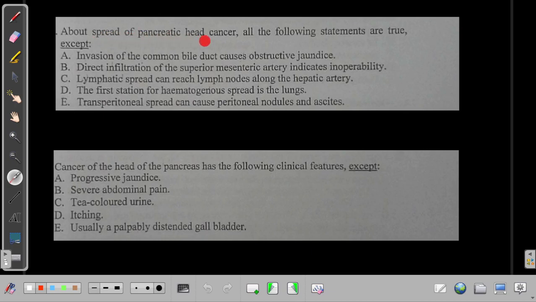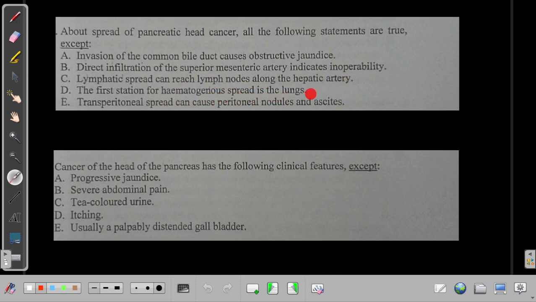About spread of pancreatic head cancer, all of the following statements are true except. Invasion of the common bile duct causes obstructive jaundice. That's true. Direct infiltration of the superior mesenteric artery indicates inoperability. That's true. Lymphatic spread can reach lymph nodes along the hepatic artery. That's true. The first station for hematogenous spread is the lungs.